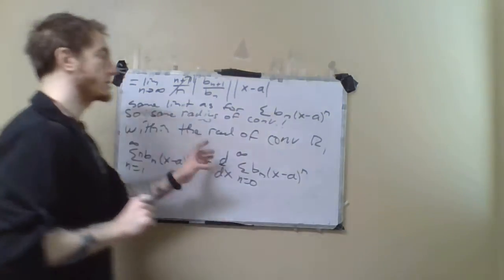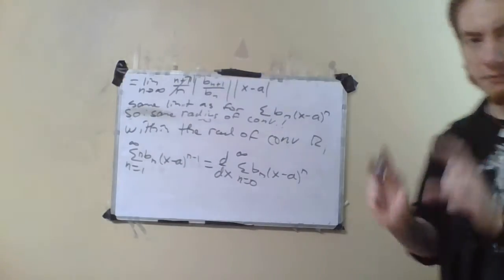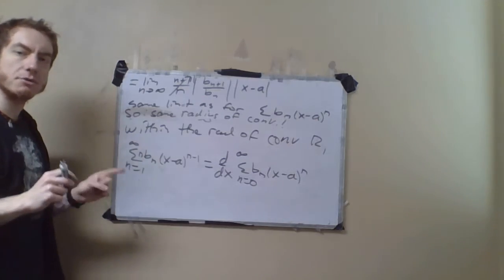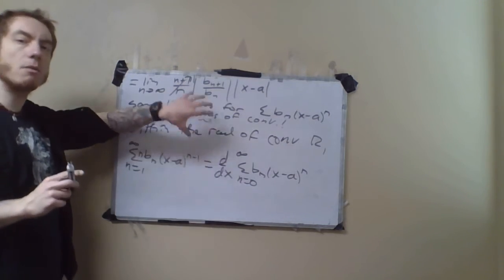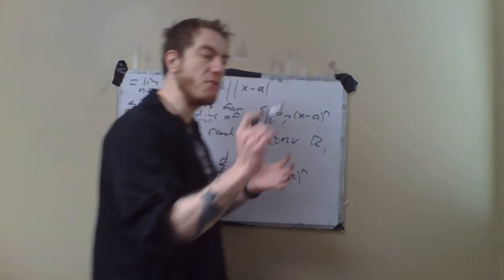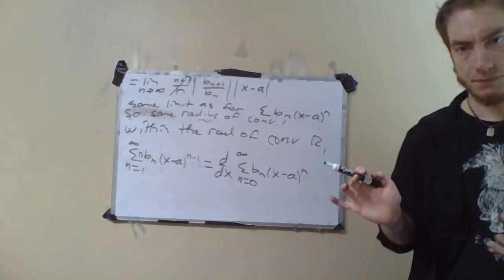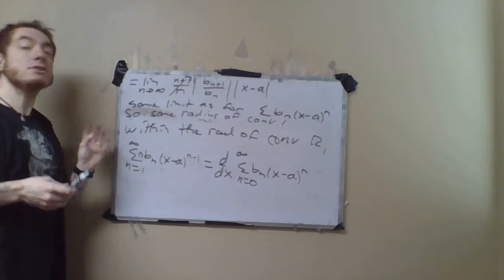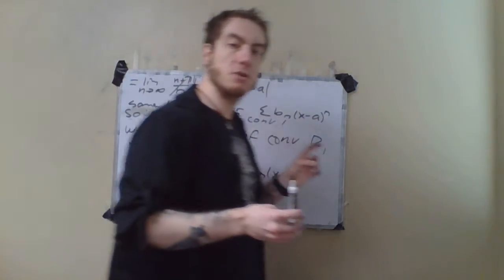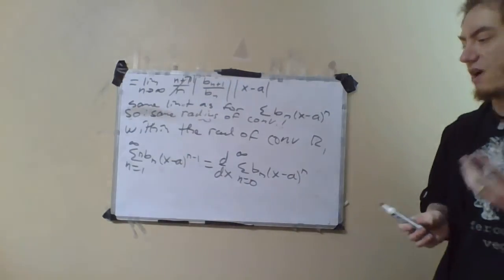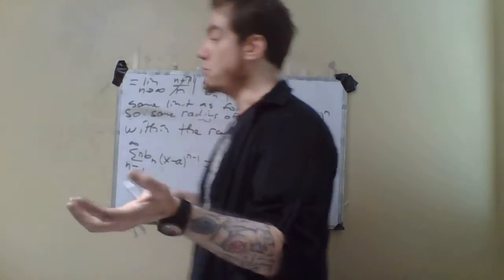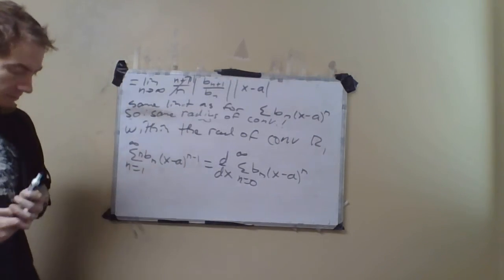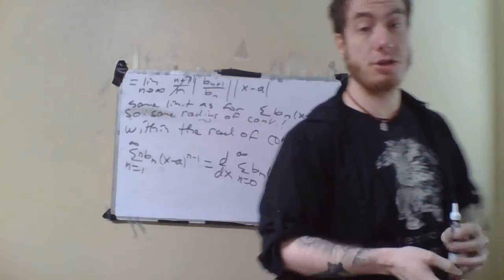In other words, as long as we stay within the radius of convergence, we can take derivatives of power series by just taking them term by term, the same way as we would if it were a finite sum. This is a really important fact, because when you are working with functions defined by power series, you may want to take derivatives of them, and therefore, you need to know how to do it.